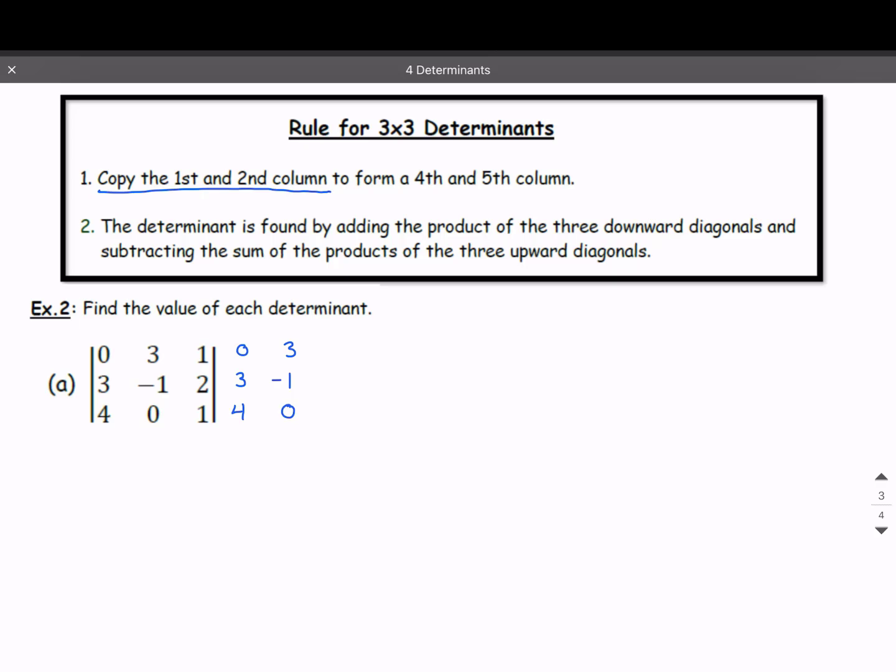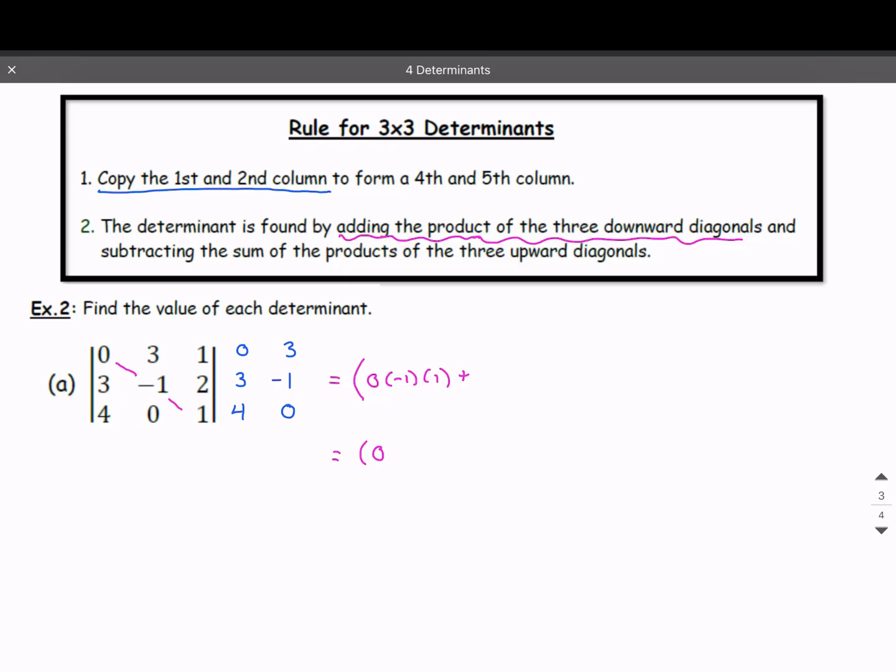Now what we're going to do is the determinant is found by adding the product of the 3 downward diagonals. So in other words, I'm going to open up parentheses here too. 0 times -1 times 1, which, by the way, is just 0, right?